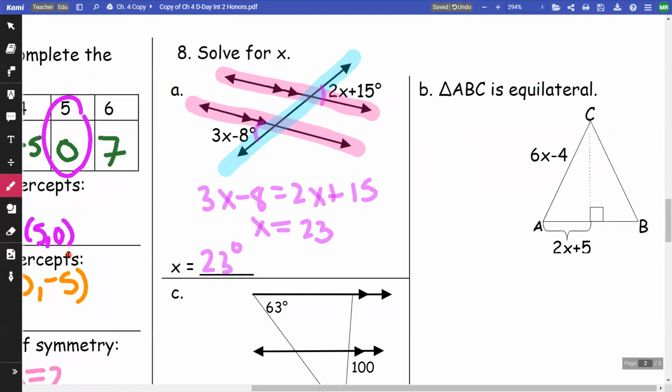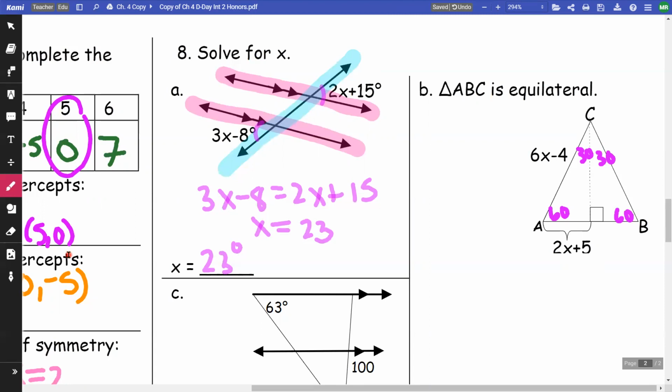On B, I have an equilateral triangle, and a couple ways to think about it. If this was equilateral, then that means that this is 60, this is 60. Up here would be 60, which means that this is a 30 and a 30. So I actually have a 30, 60, 90 triangle.